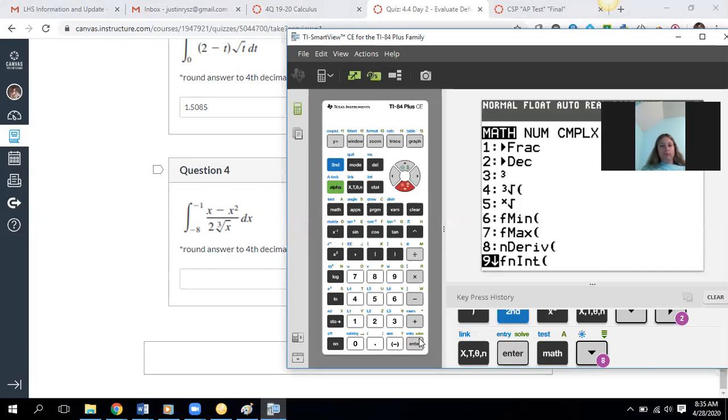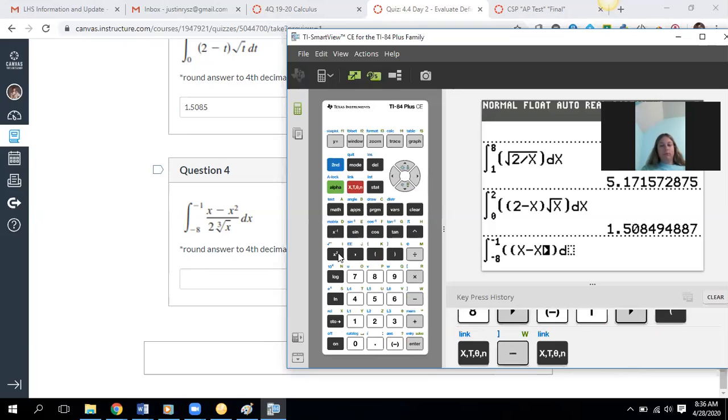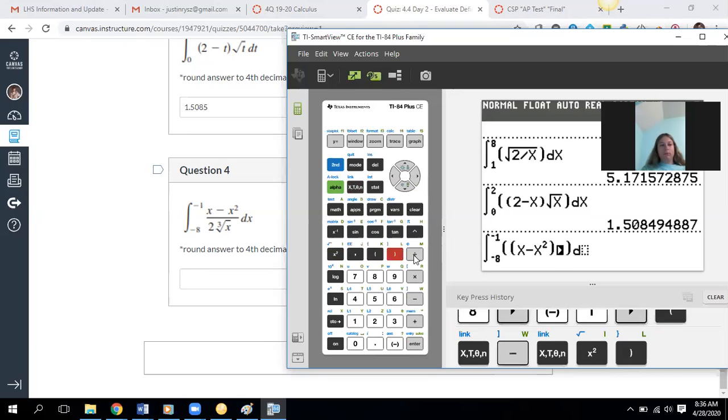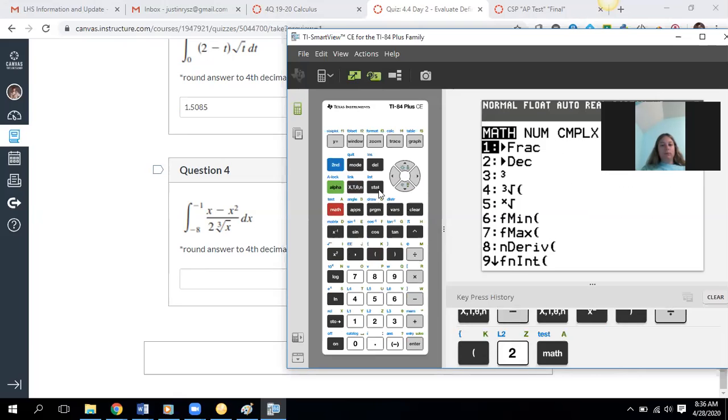All right, so math 9, -8 to -1. And okay, so let's start with the top. I'm going to put the top in parentheses, x minus x squared, and then divided by, I'm just going to put this in parentheses because I'm not sure, x 2, and then the cube root, which I'm just going to do math.